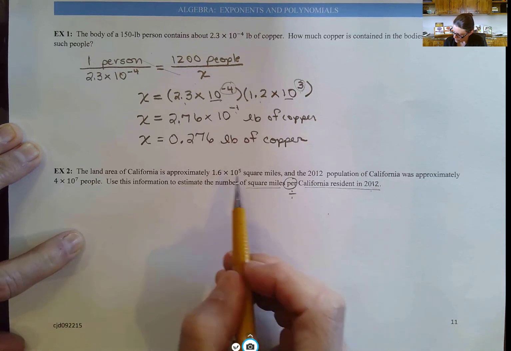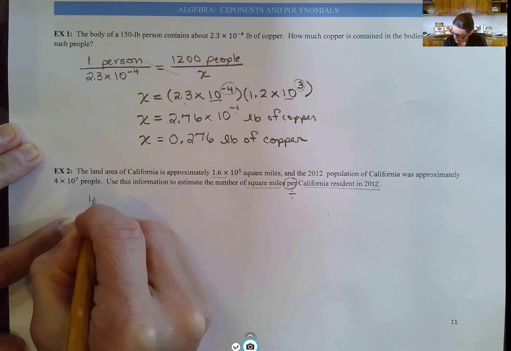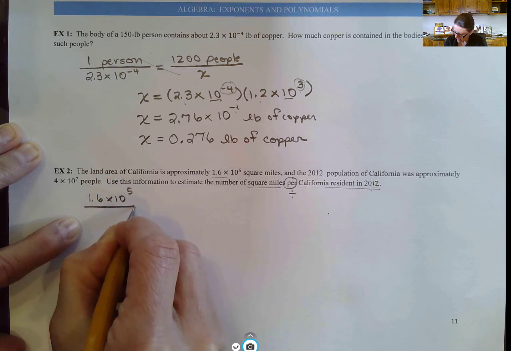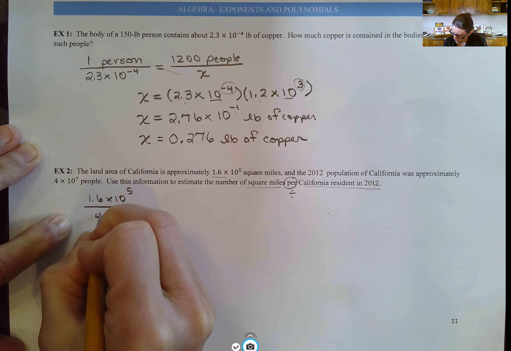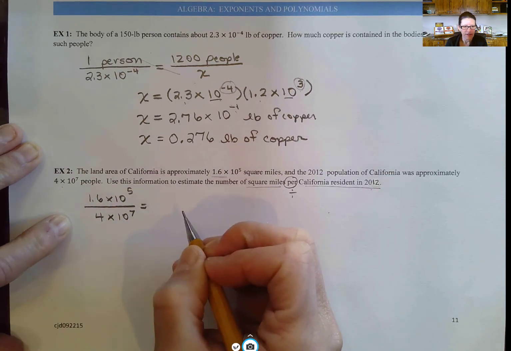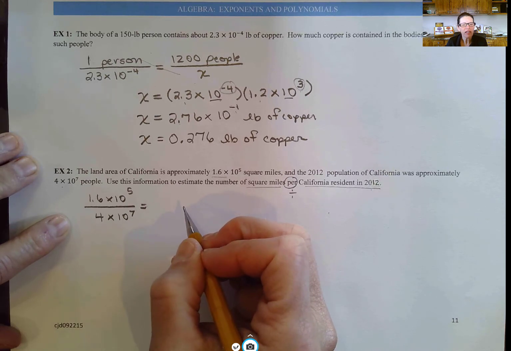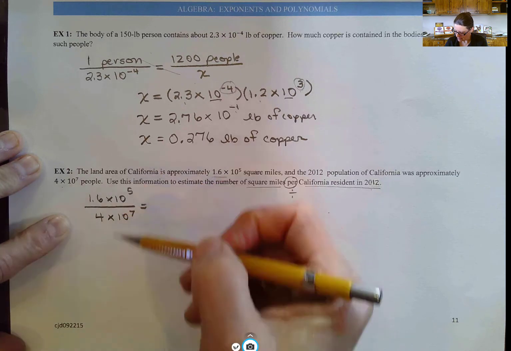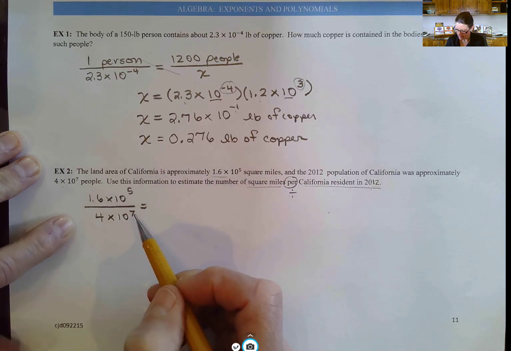So we're going to divide 1.6 times 10 to the fifth square miles by 4 times 10 to the seventh residents of California. And as we divide, this is all multiplication, so we can pick and choose how we divide things.